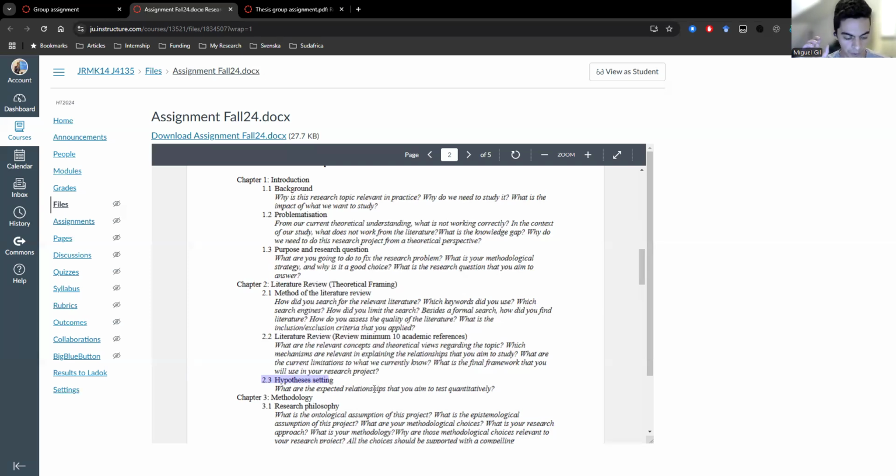And also, maybe discuss this with Victoria, but I think it could be nice if you include another section, 2.4, where you discuss, because remember, what I just told you works very well for the quantitative part. But what about the qualitative part of the study?